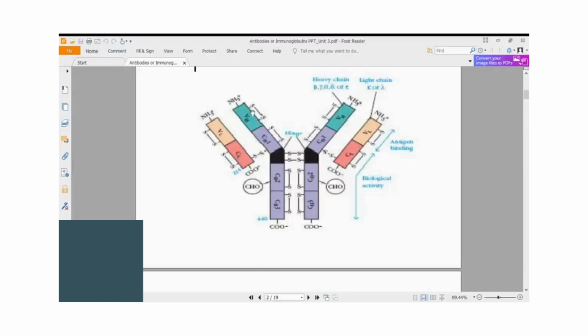The total number of amino acid residues in the heavy chain will be about 440 to 446. Okay, 440 to 446, like 110, 110, 110, and some amount of amino acids here, plus 110 amino acids here.